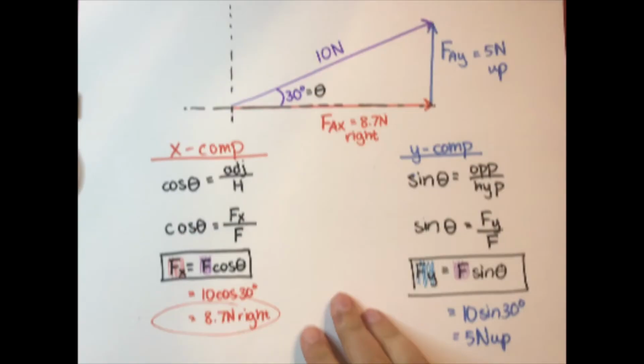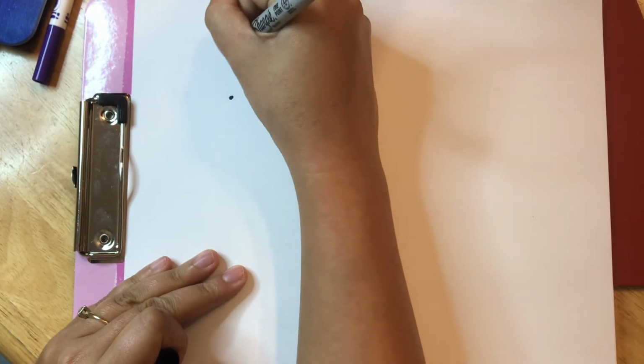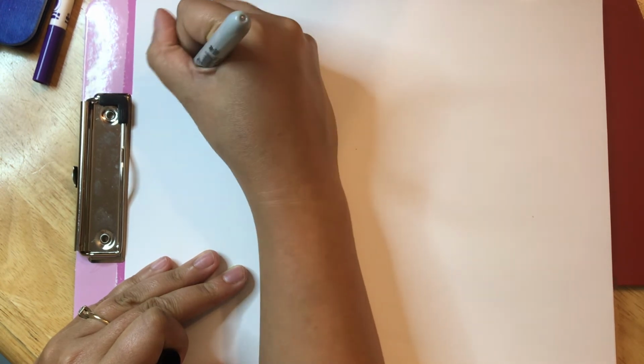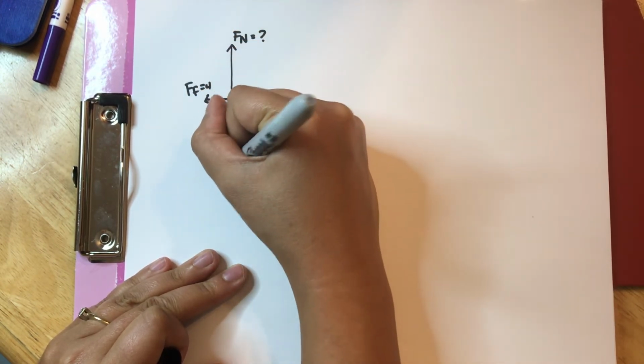So what are we going to do with this information? We're going to take our x and y components as calculated here and simply redraw them onto the existing free body diagram. Now the trick with this: draw your free body diagram with all the other vectors exactly the same as before.